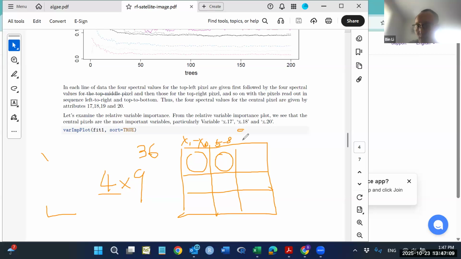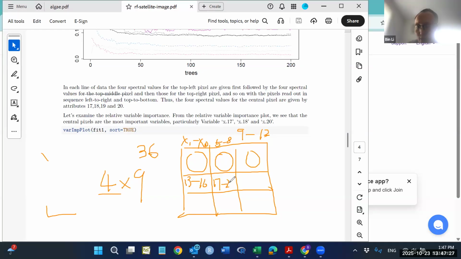Then 9 through 12, that's this one. Then 13 to 16, and then 17 to what?